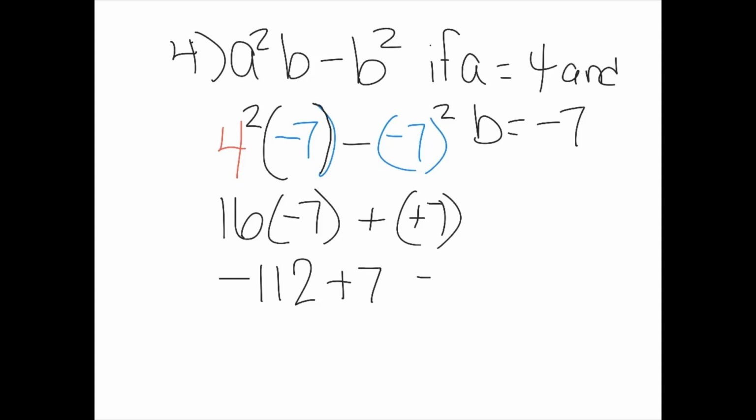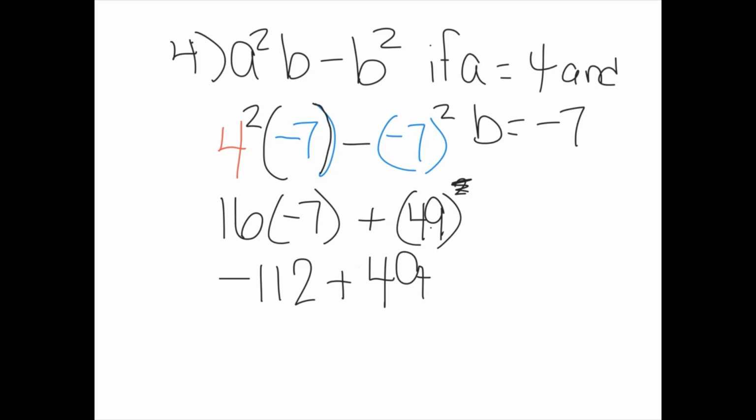Oh, and that's squared. I didn't bring my 2 down. Negative 7 times negative 7 is, let me erase that. I messed up there. 49. Negative 7 squared is positive 49. Do you see what I did? This is a common mistake everybody makes.